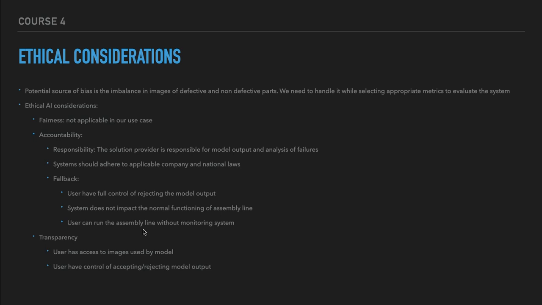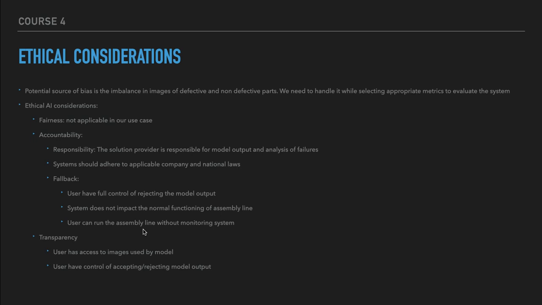Then the system should adhere to applicable company and national laws that we discussed in the previous slide. As a fallback mechanism, the user has full control of rejecting the model output. The system doesn't have any impact on the normal functioning of the assembly line. Even if the system has raised an alarm that a product is faulty, the assembly line should continue to function until it is stopped by the line manager.